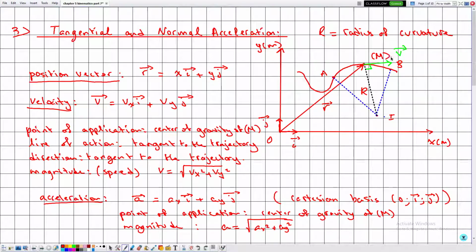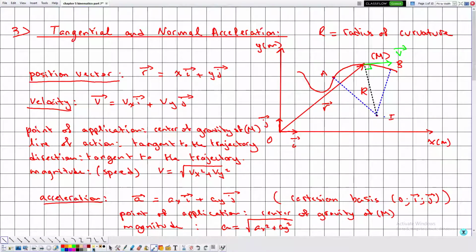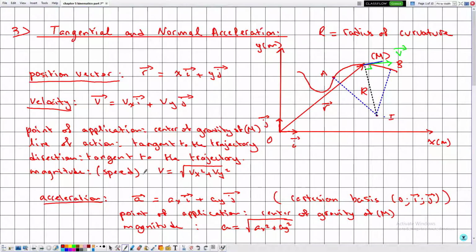So this is a tangential, which is tangent to this curvature.